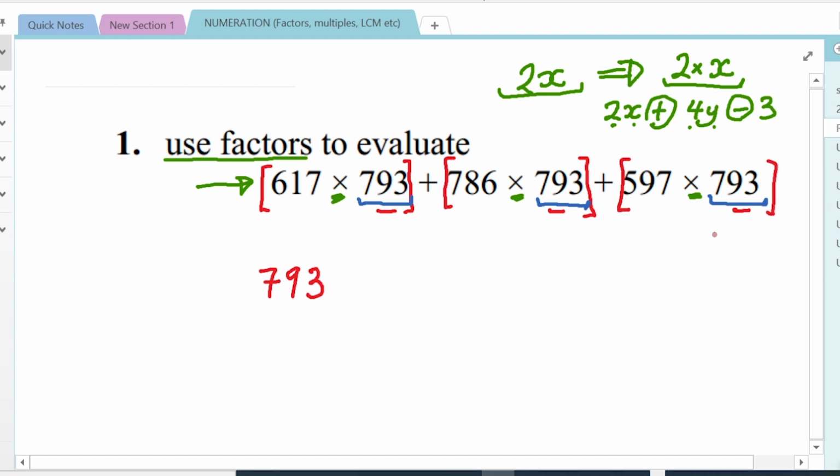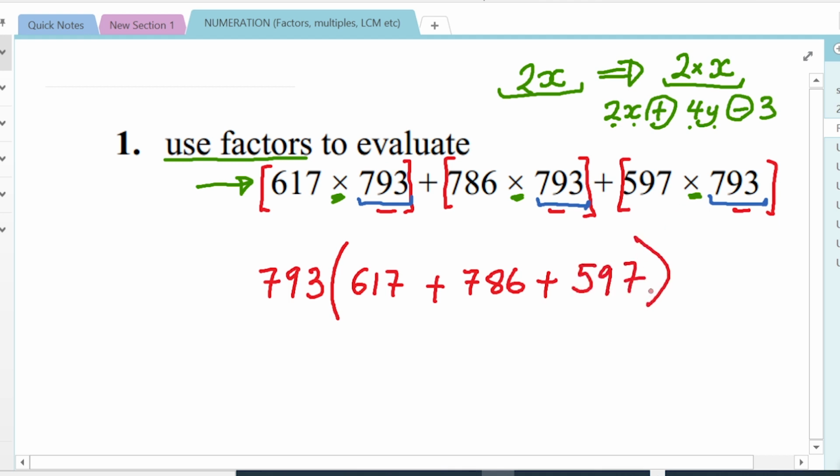So from each, you're seeing 793 common, so it's 793 outside the brackets, and you remain with 617 plus 786 plus 597, like that.